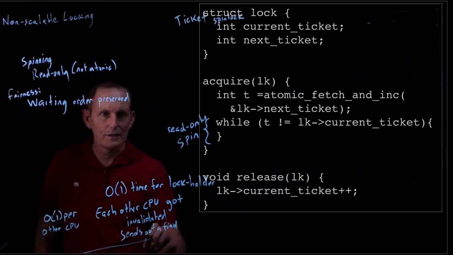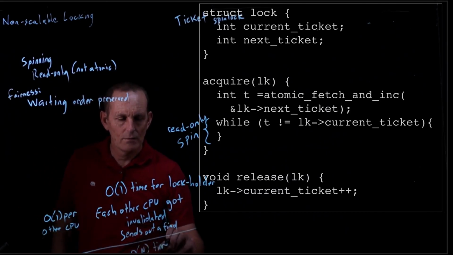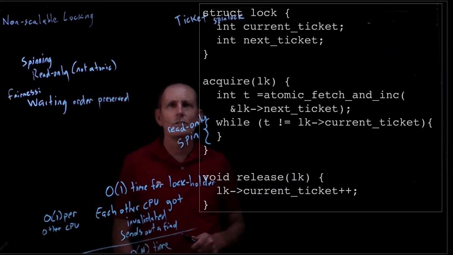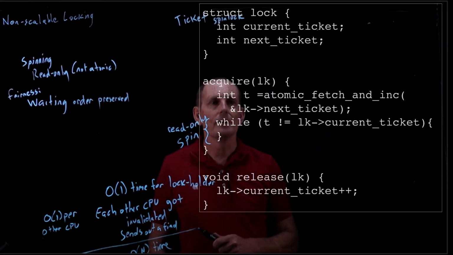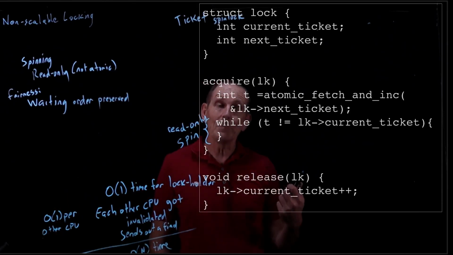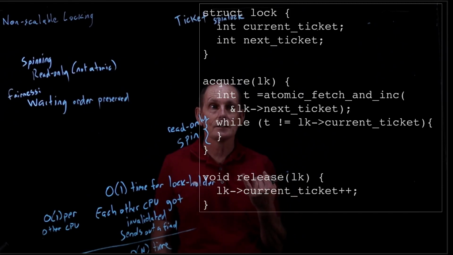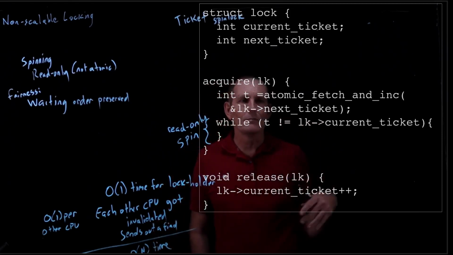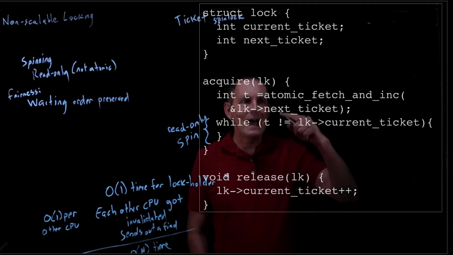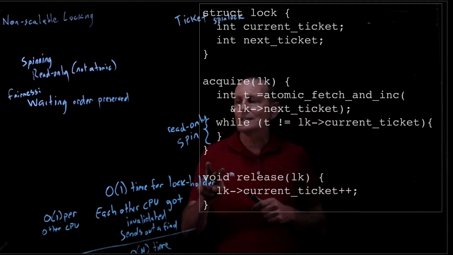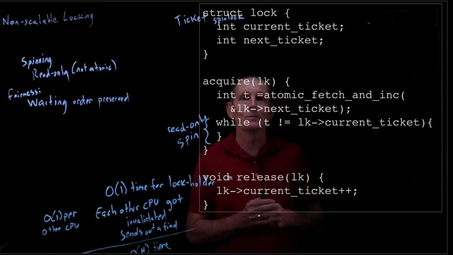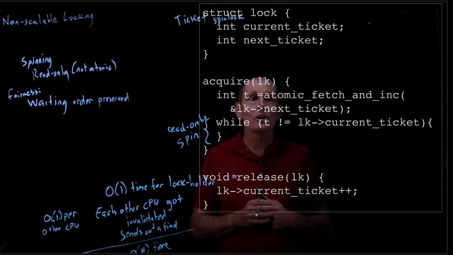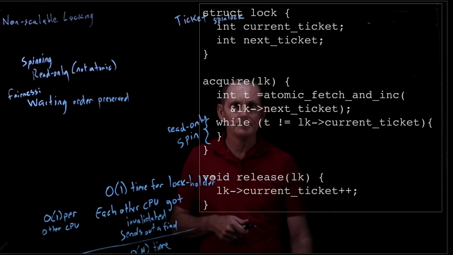And this is a total then of O of n time, in the sense that we still have all of these other find messages. But the good news is we have fairness out of this. And the other thing we get is much less bus traffic, right? Many fewer messages as we're spinning, as the lock holder is doing its thing between the acquire and the release. So this is better, but we still get a total of n squared time to get through all of these.